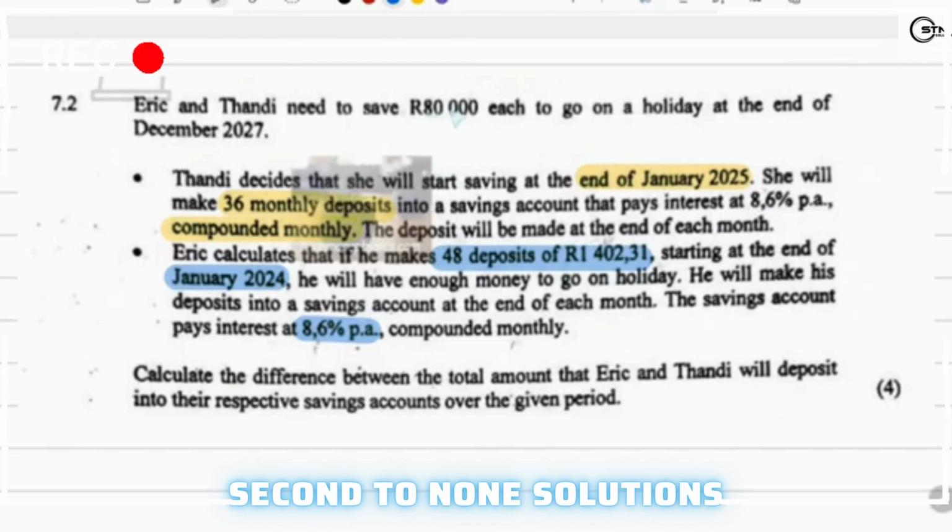They want to save 80,000, but we're going to look at what they're each going to deposit, because just because you want to save 80,000, it doesn't mean that as a whole you would have deposited 80,000. Okay, future value has interest added, so you would definitely deposit less than 80,000, and then the interest will cover the rest.